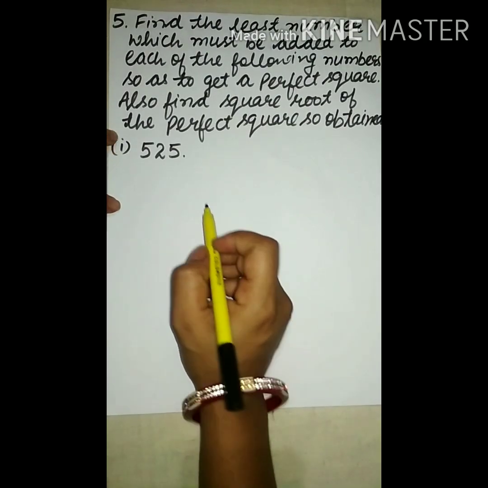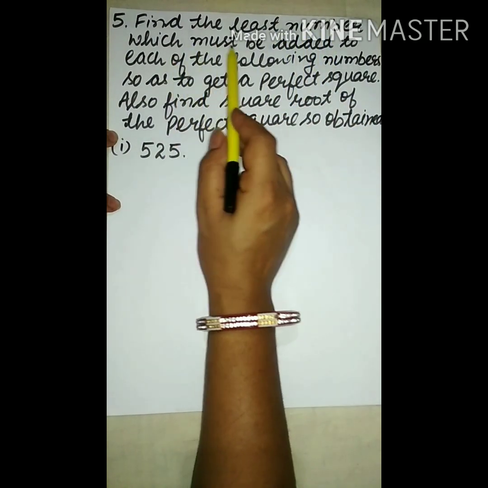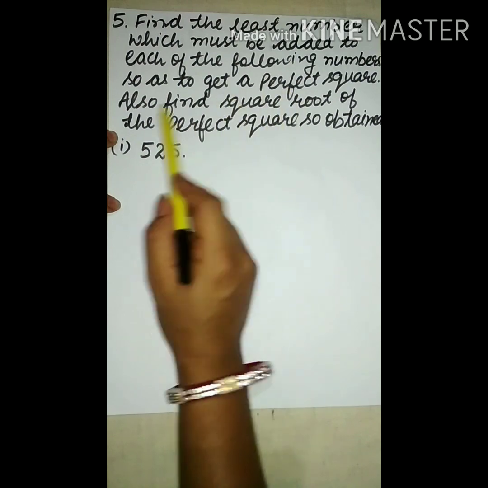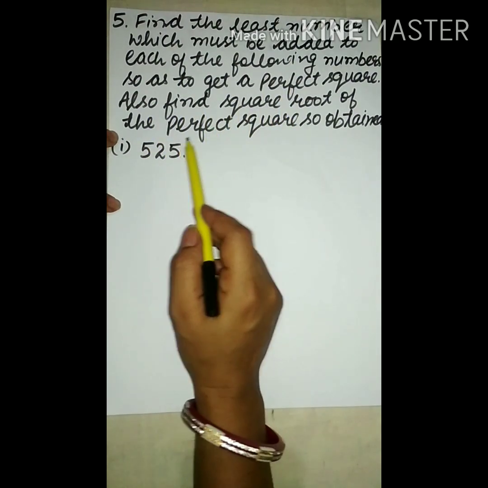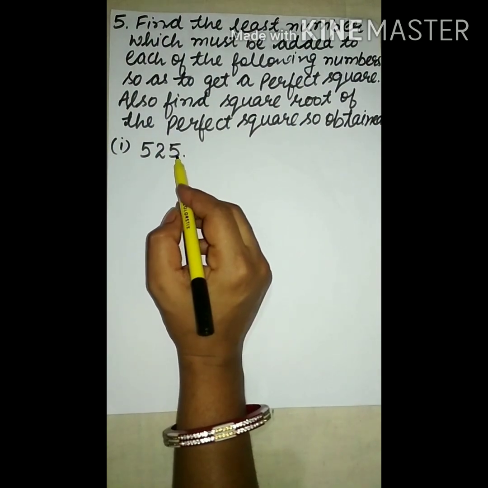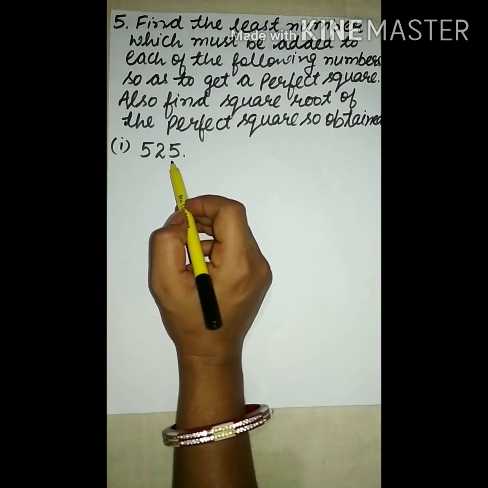Next question is question number 5. Find the least number which must be added to each of the following numbers so as to get a perfect square. Also find the square root of the perfect square so obtained. Students, in the previous questions we were finding the number which must be subtracted.